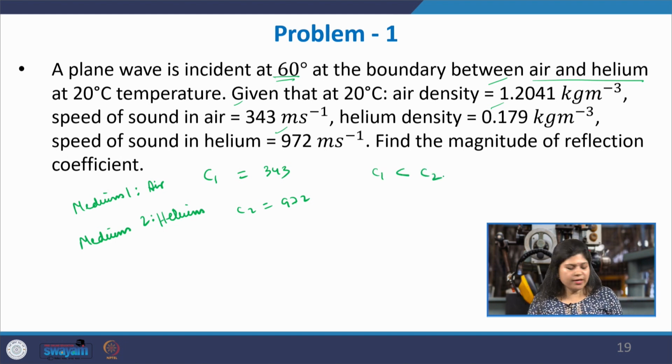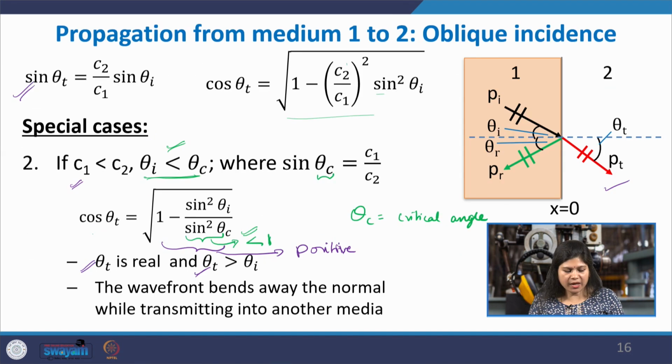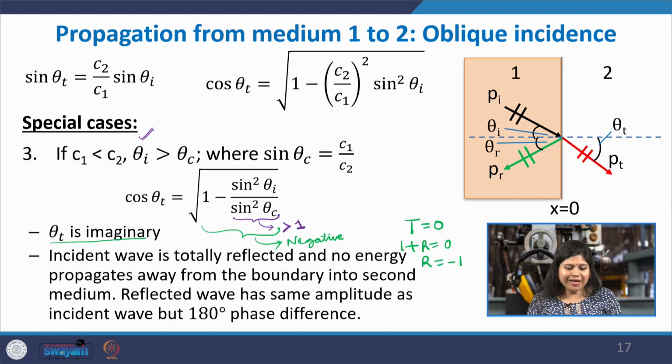So, it's following special case either 2 or 3. Okay. So, in special case 1, nothing to worry about, but when it is special case 3, then you have to see. So, whenever C1 is smaller than C2, you have to first ensure that the incidence angle is below the critical angle.